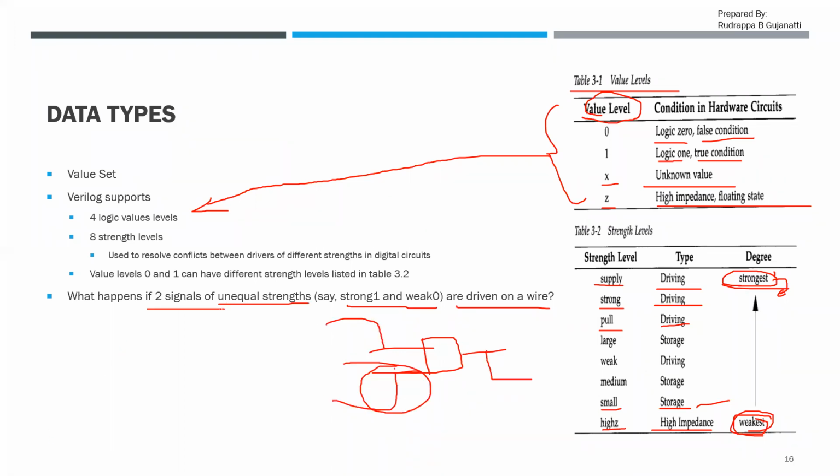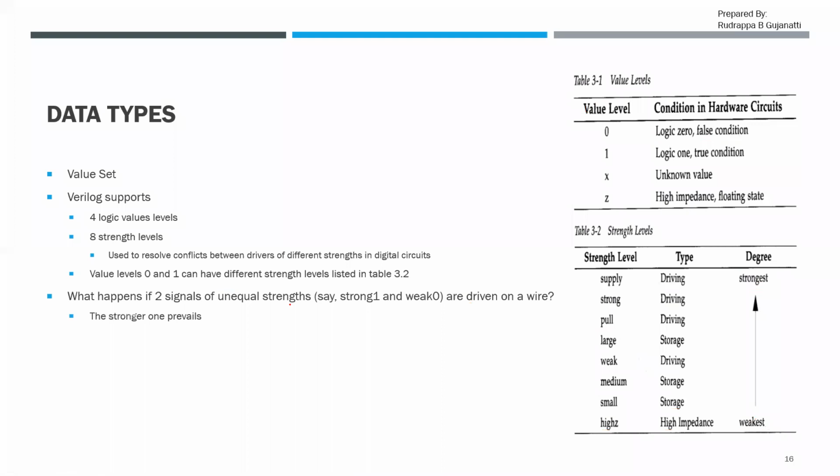If two signals are coming in with unequal strengths, what should the wire be driven with? In this case, the stronger one will be the dominant or prevalent one. That is, the strong one will appear on the wire.